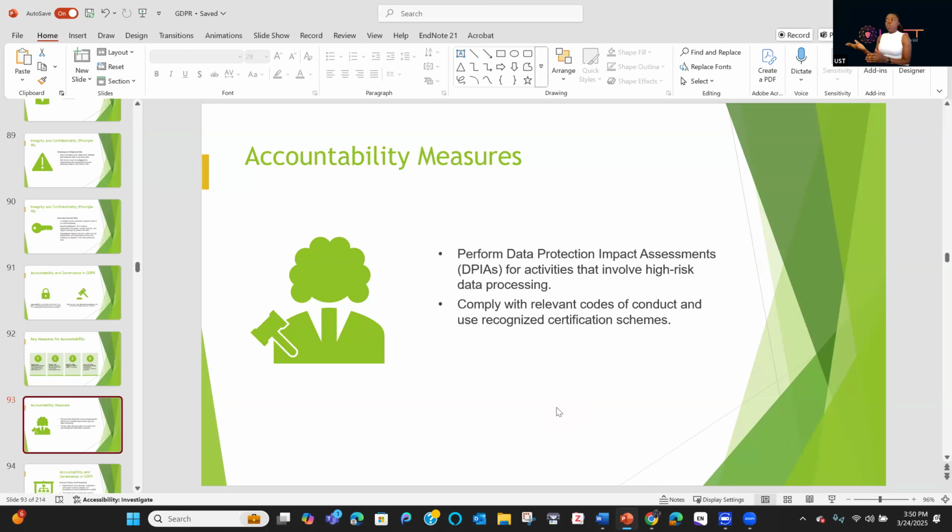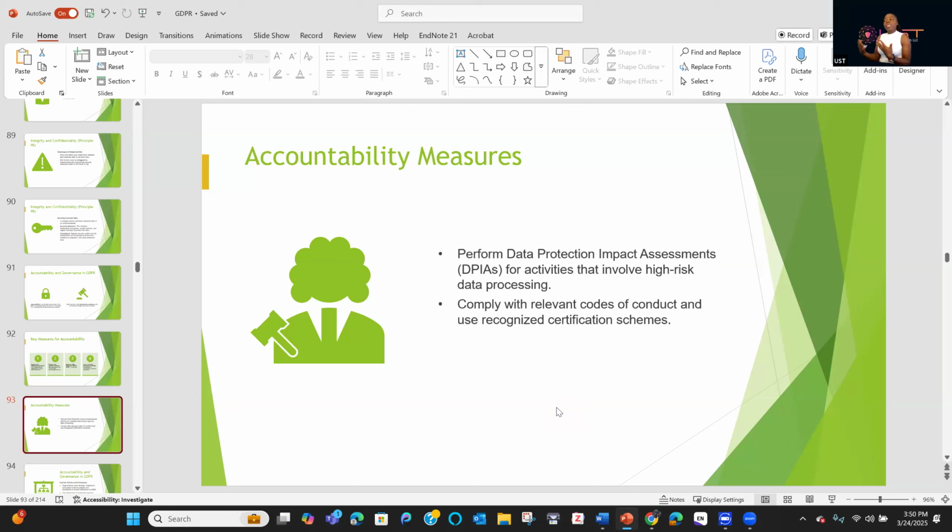And then, when we talk of high impact, remember when we categorized an information system, we came to the fact that based on the highest watermark for that system, it was a high system. And if it's a high system, what are we going to do? That's the impact level. So the impact level is high. And they will also need to perform a data protection impact assessment.